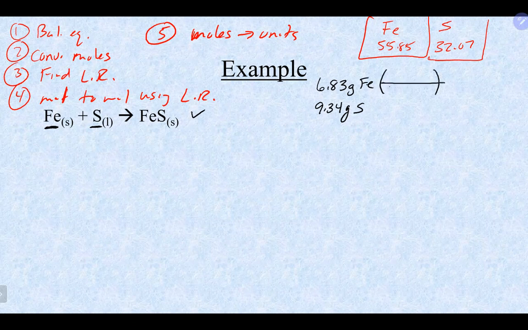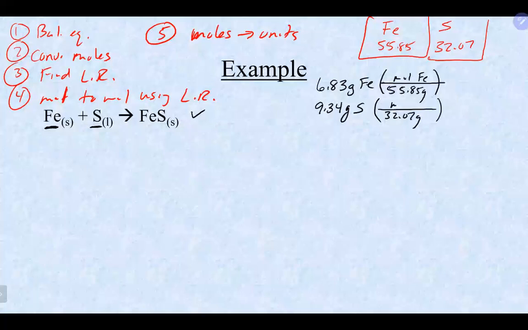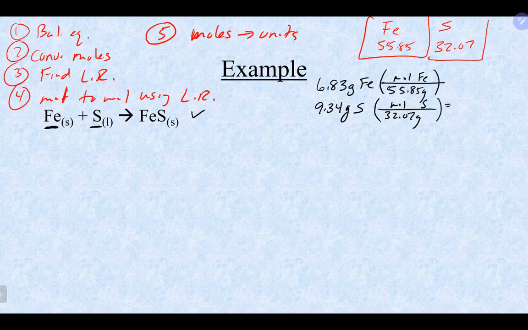So using the periodic table and the molar mass, we will do that for our iron. We'll also do that for our sulfur, which is 32.07 grams per mole. That is going to give us for our iron 6.83 divided by 55.85, which is 0.122 moles of iron.